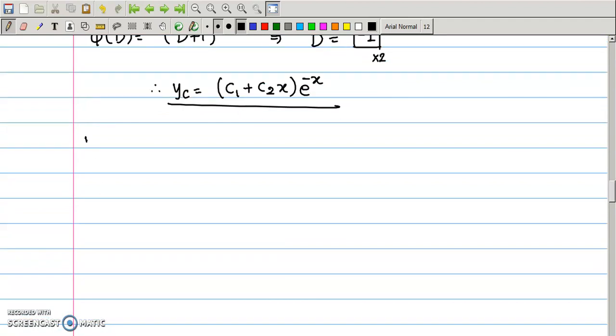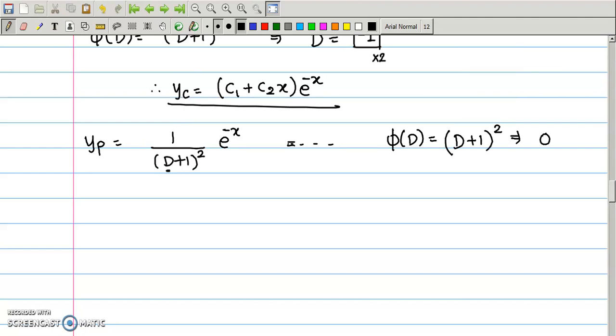To find the particular integral, we operate 1 upon d plus 1 bracket square on e raised to minus x. By the formula, if we replace d by minus 1, d plus 1 becomes 0, so we have a case of failure. So we first consider phi of d equal to d plus 1 bracket square. After replacing d by minus 1, we get 0.